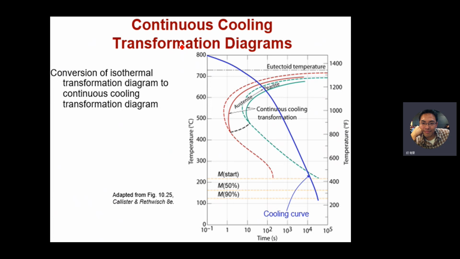Okay, so this blue line shows the real cooling, continuous cooling. The temperature keeps reducing, right? So what does this curve tell us? For the real cooling rate, for continuous cooling, the transformation will be delayed.